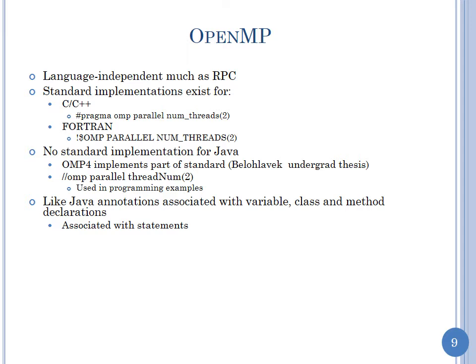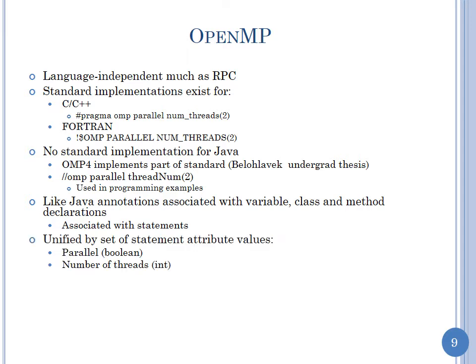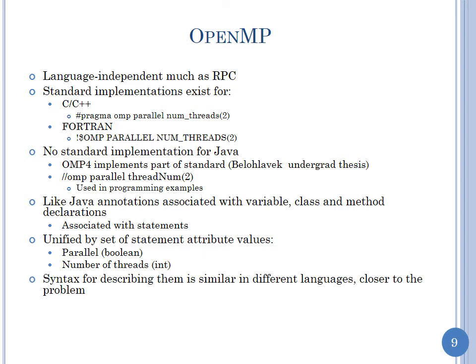What's important is not the exact syntax, but the attributes that are there. These directives are assigning values to certain attributes used by the underlying concurrency system. Parallel is an attribute, which is Boolean. You either do something in parallel or you don't. If you're doing something in parallel, you can specify the number of threads as an int.